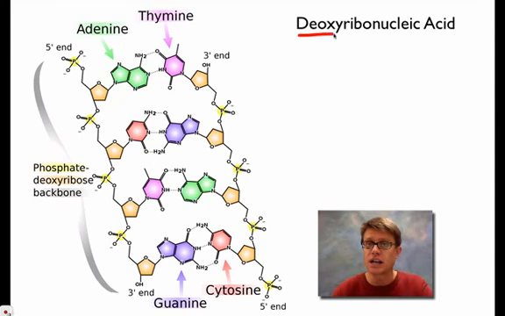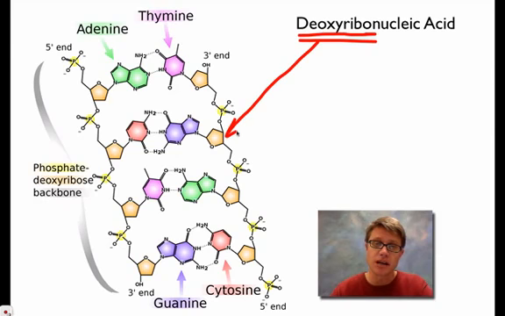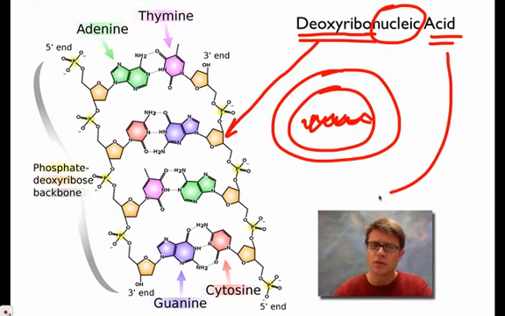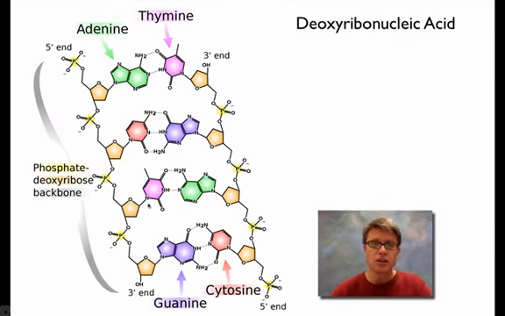The deoxyribo part comes from that deoxyribose sugar. The nucleic part comes from the idea that it's found inside a cell. The DNA is going to be found inside the nucleus of the cell. And then the acid part actually comes from the phosphate group. Phosphates are going to donate hydrogen, and so that's going to make it acidic, which will become important in just a sec. So here's our DNA.